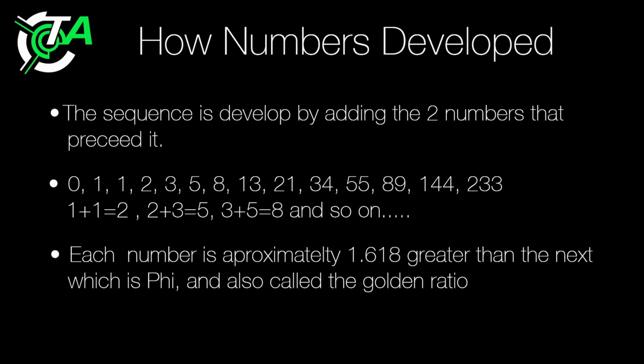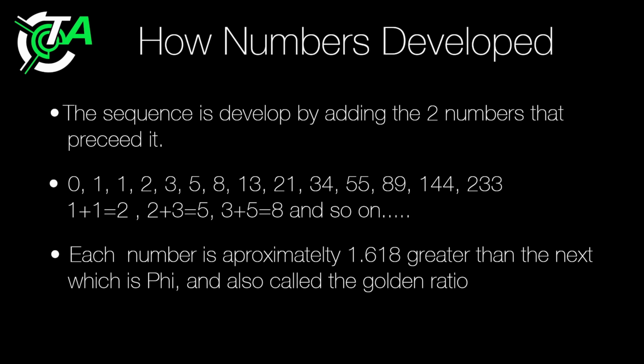So basically, the sequence is developed by adding the two numbers that precede. Starting with 0 plus 1 equals 1, 1 plus 1 equals 2, 2 plus 1 equals 3, 2 plus 3 equals 5, 5 plus 3 equals 8, and so on to infinity.